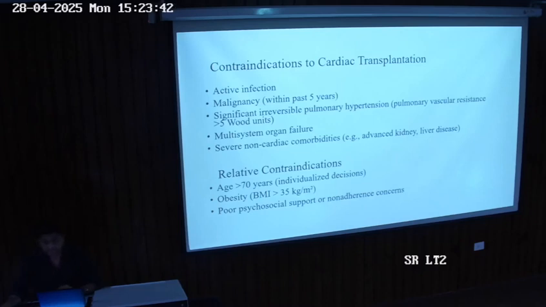Because the chance of failure is higher in these conditions, we avoid cardiac transplantation if the patient has an active infection, such as chronic tuberculosis, or multi-system organ failure with sepsis at presentation, malignancy of any kind within the first 5 years, significant irreversible pulmonary hypertension, or CLD or CKD. In these conditions, we avoid cardiac transplantation.